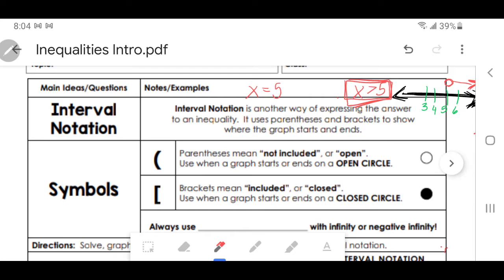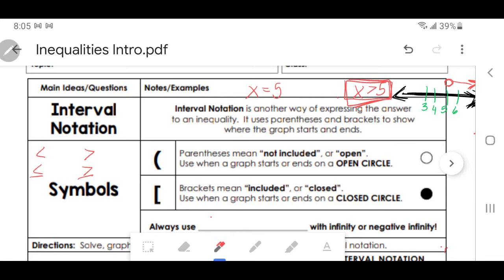Okay, now one thing to note is that with inequalities, there's actually 4 inequality symbols. There's the less than and the greater than, but there's also a less than or equal to and greater than or equal to. Okay, let's think about the difference between these two. All right, let's say that I am working a shift at night and I need to make at least $50 to be able to make enough to pay for my rent the next day.